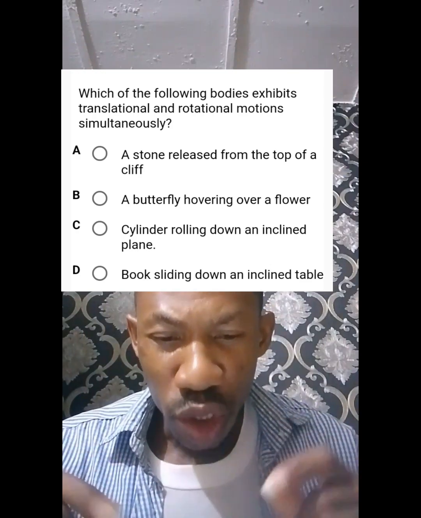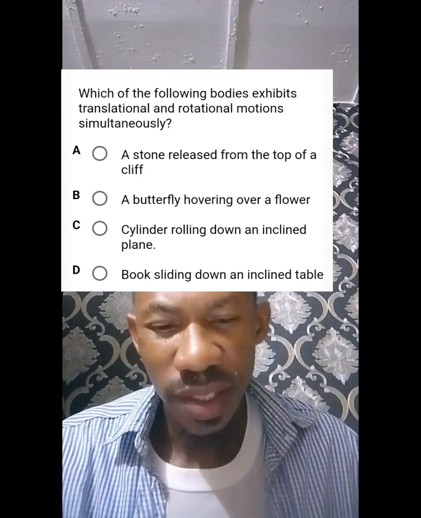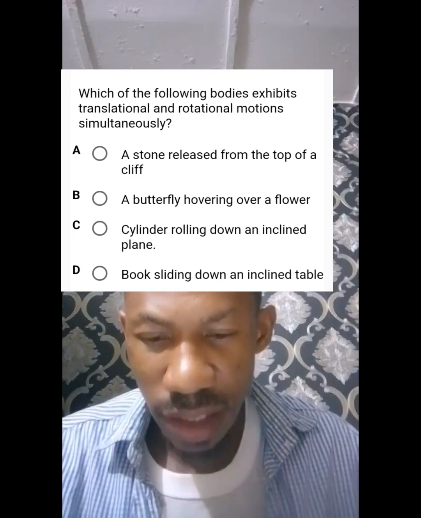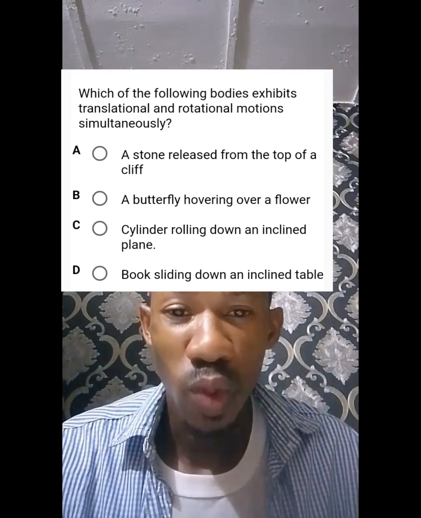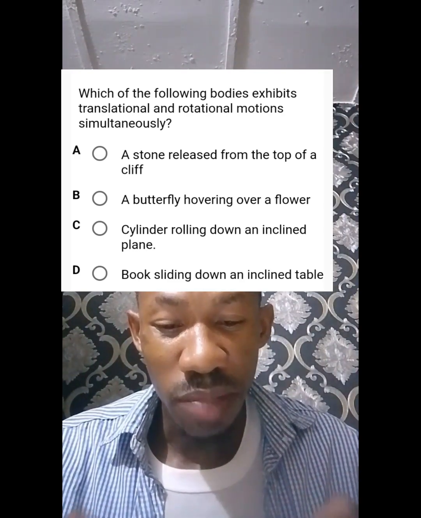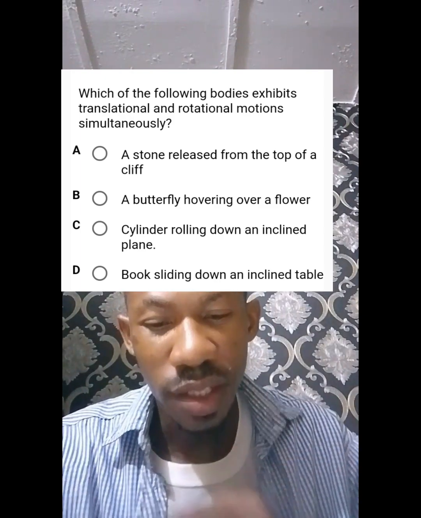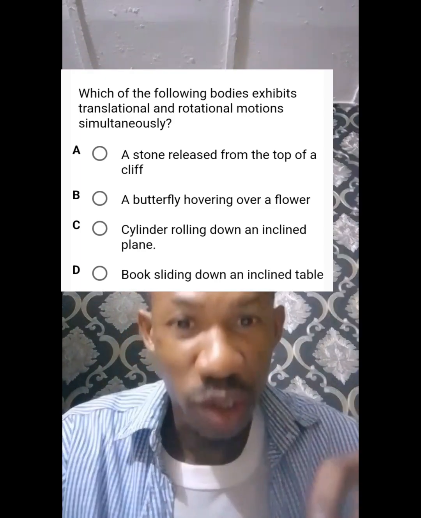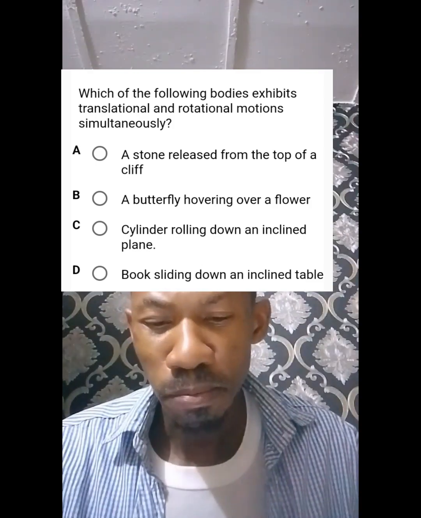The second question says, which of the following bodies exhibits translational and rotational motions simultaneously? When they say simultaneously, they mean at the same time. Which of them is undergoing translational and rotational motion? I explained all this in the previous video.